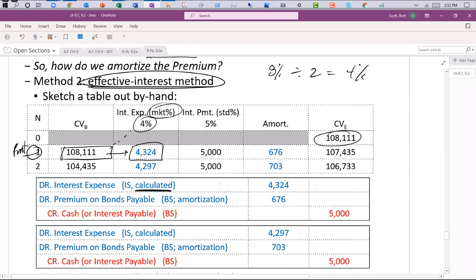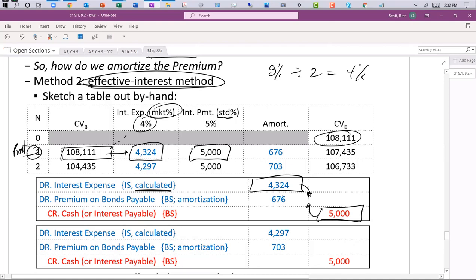If you figure that out, and you know that the cash payment's always going to be based off of the stated rate, 5%, you can start plugging in your journal entry and leave a gap in the middle. So you've got the expense of 4,324, you've got the cash payment of 5,000. Leave a gap in the middle when you're sketching this out and ask, do I need another debit or credit?